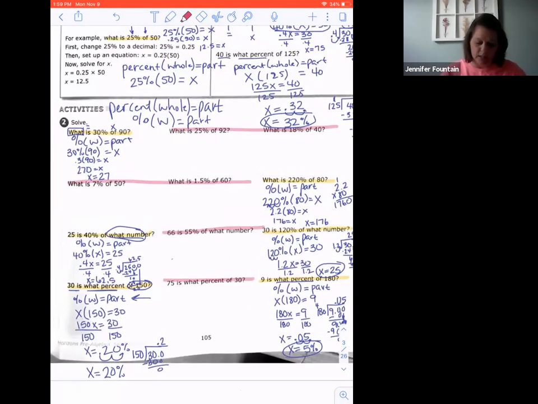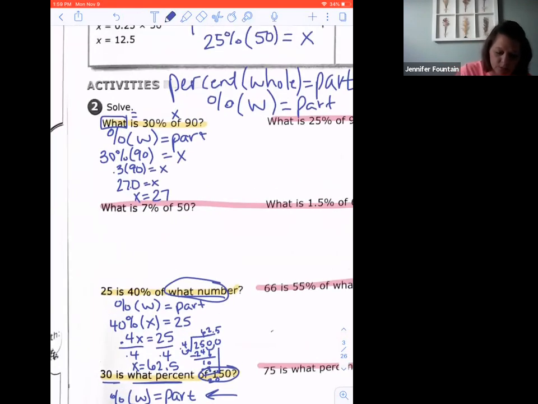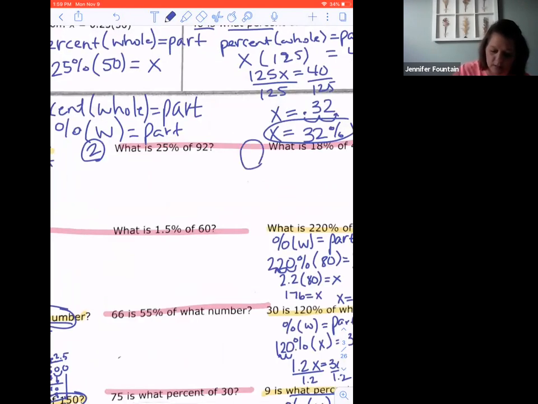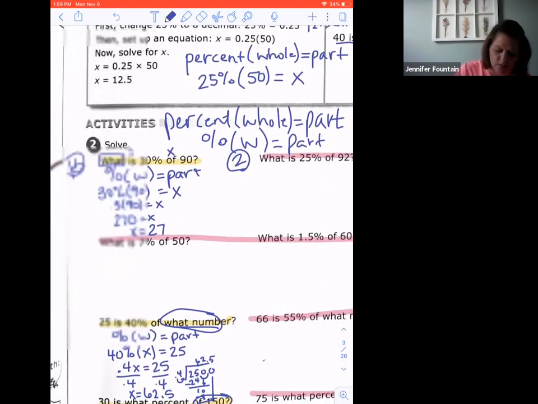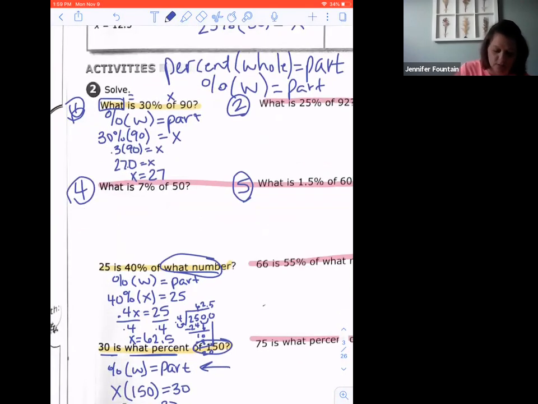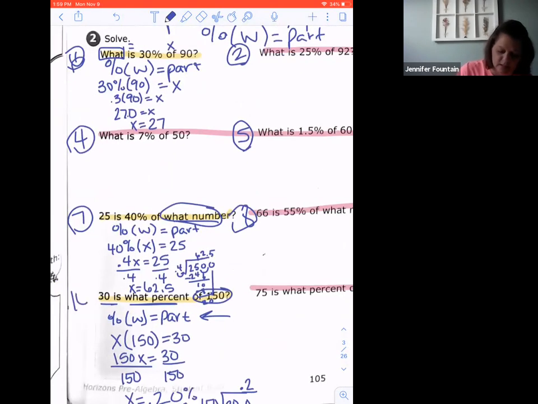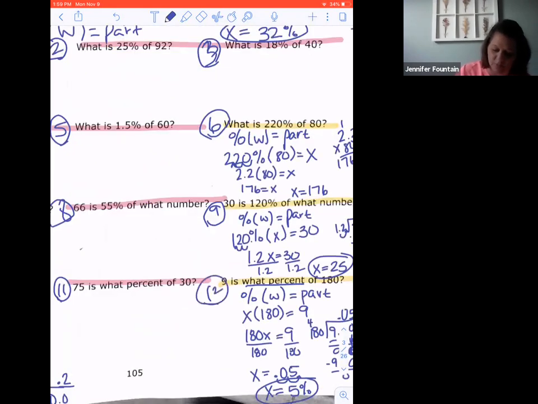So if we want to number these, we could say we've got 1, 2, 3, 4, 5, 6, 7, 8, 9, 10, 11, 12.